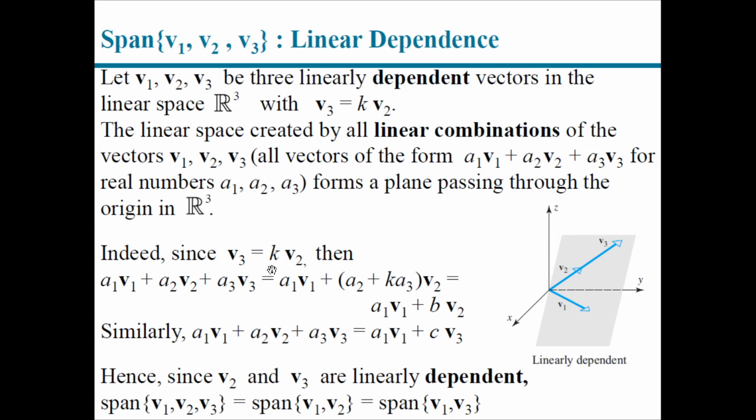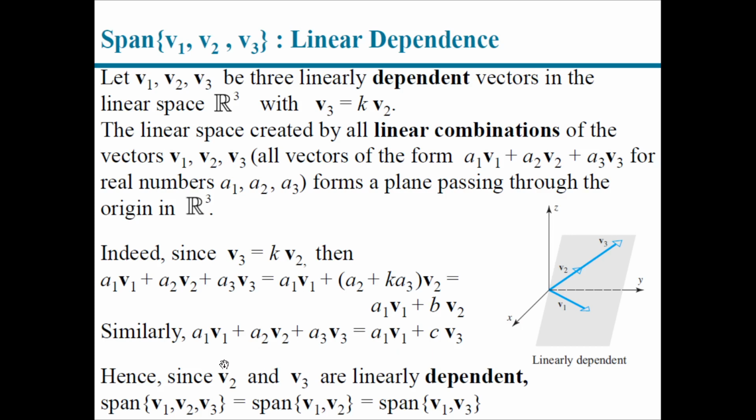Similarly, if somebody says, oh, but I would like to express v2 as 1 over k times v3, no problem. And then you bring it into the equation, you shake it, and you will get that actually the space that you generate by all linear combinations of v1, v2, v3 can be obtained by linear combinations of v1 and v3.